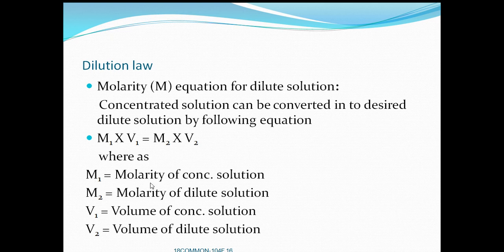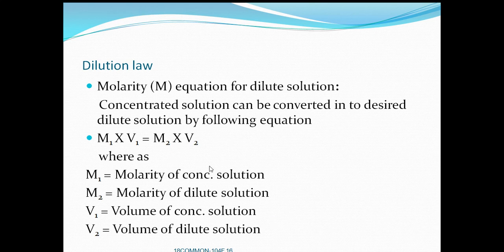M1 means molarity of concentrated solution, or molarity of the first solution. M2 means molarity of dilute solution, or molarity of the second solution. V1 means volume of concentrated solution, the first solution. V2 means volume of dilute solution.